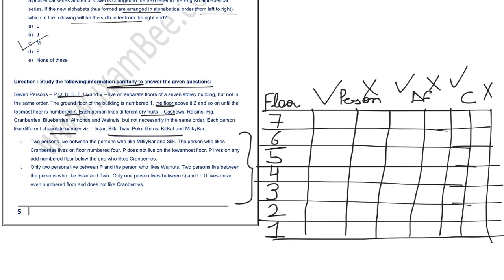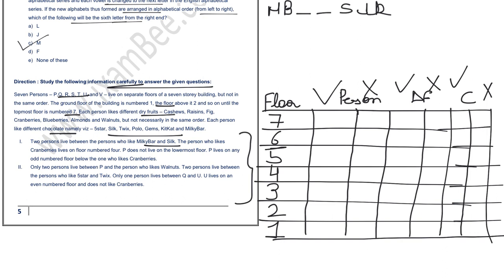So your first statement says that 2 persons live between the person who likes Milky Bar and Silk, right? So for this particular hint, you can write a small note over here that there are 2 persons between Milky Bar and Silk. So you can write this hint over here so that you need not comprehend this puzzle again.